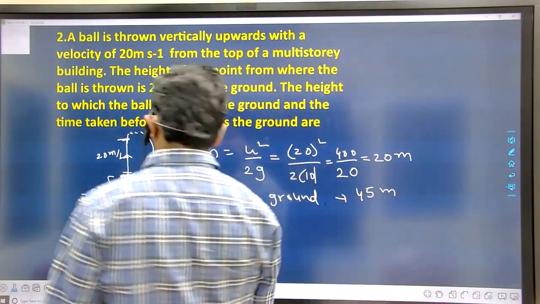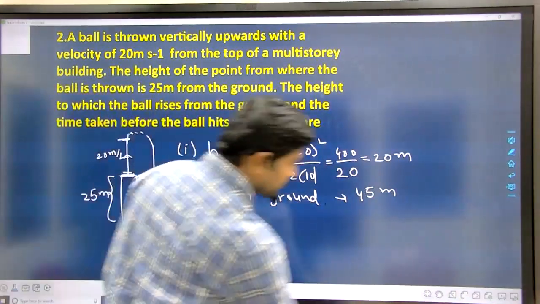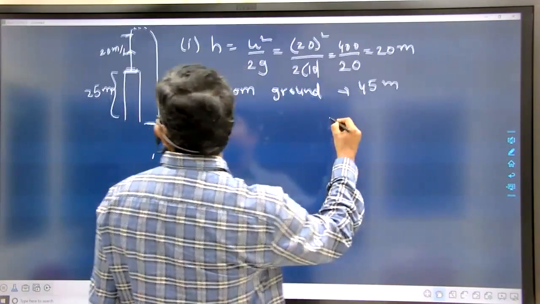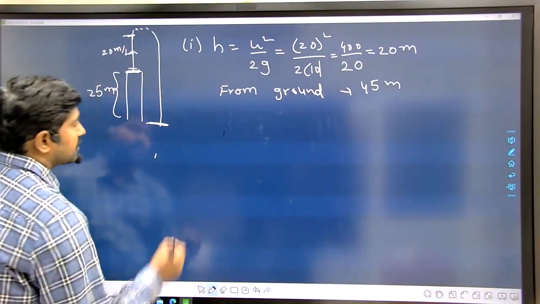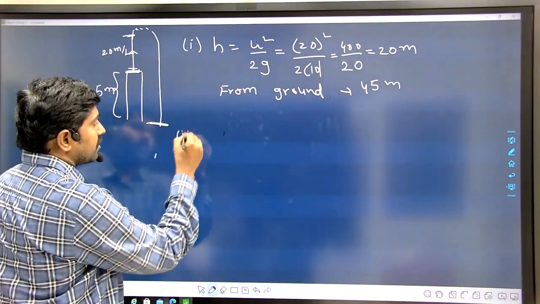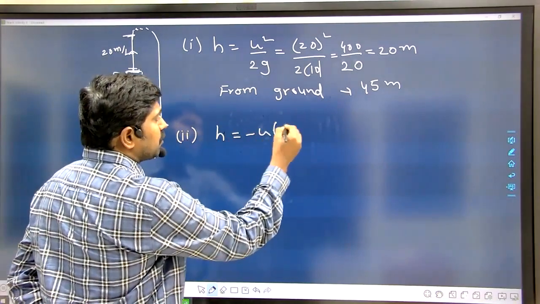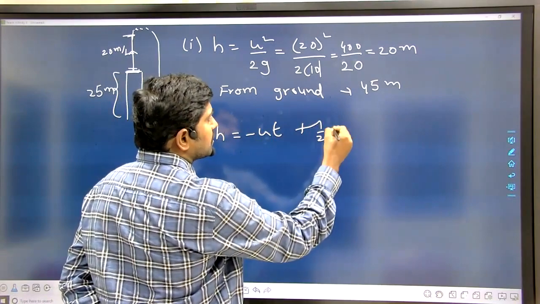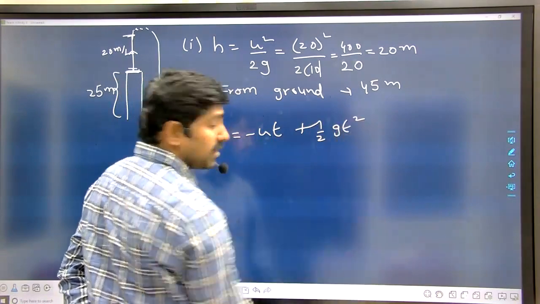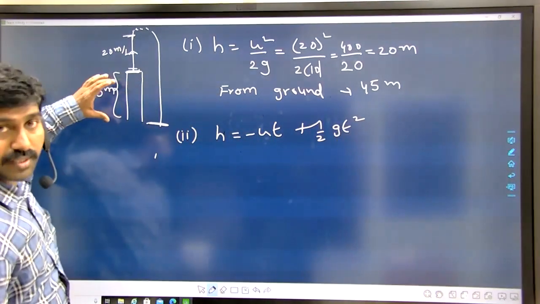If any particle is projected from the top of the building, we have a simple formula: h equals minus ut plus half gt square. Height means the height of the building only.